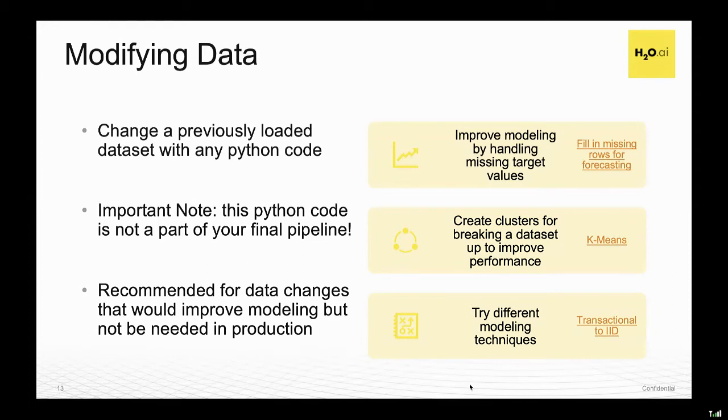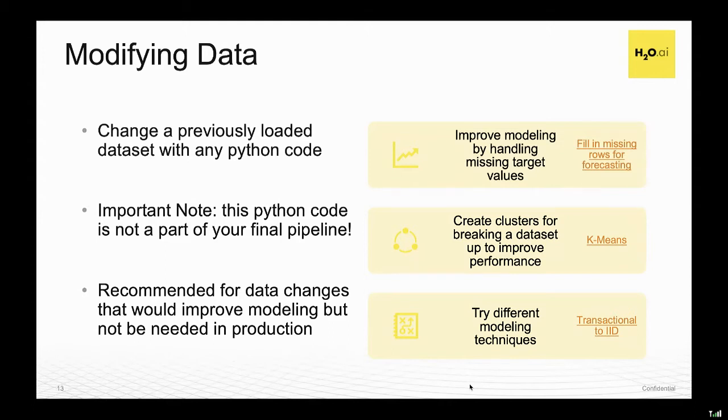Again, this is just like our loading recipes. This Python code won't be in your final pipeline, so it's probably not a good choice for creating new features that you might want in production. But this can be really nice for anything that's related to your machine learning modeling. Maybe you want to test making a regression problem a classification instead, or maybe you're doing some early pre-processing on a model.